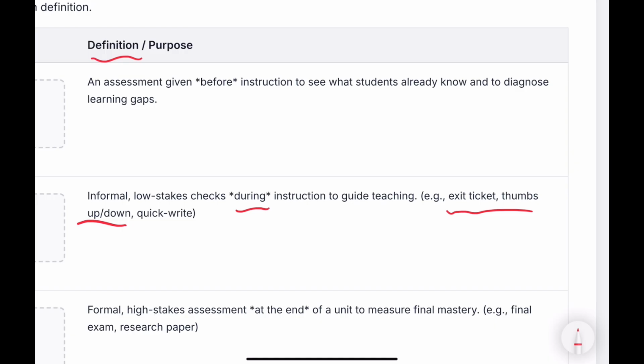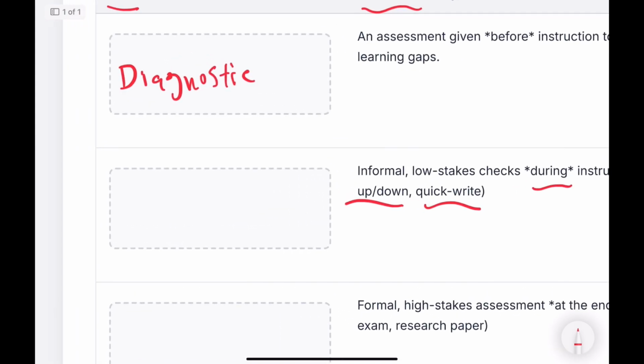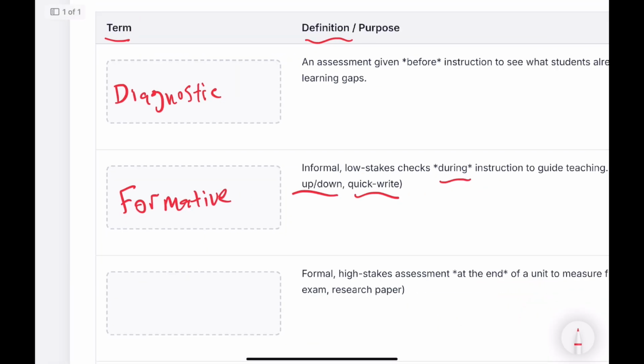I really like that approach for some quick checks because it doesn't require the students to raise their hand and then say out loud, and that can oftentimes go into a tangent. And so just a quick thumbs up or thumbs down check, as well as a quick write-up. What would this type of assessment be? This is a formative assessment. Here we go, formative.